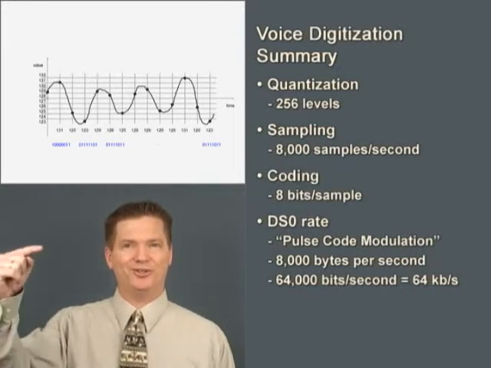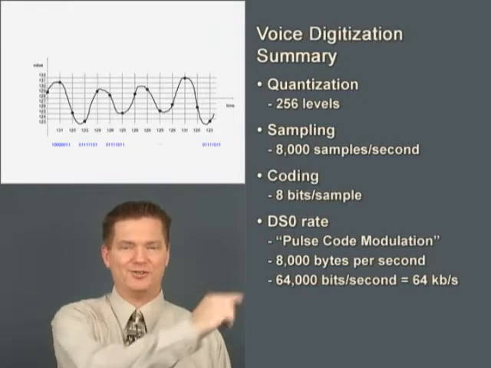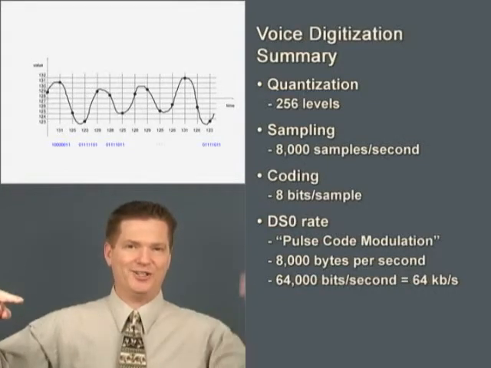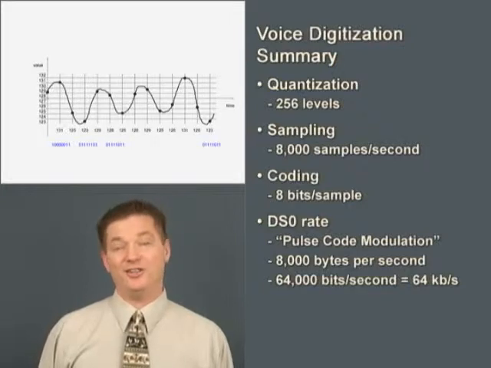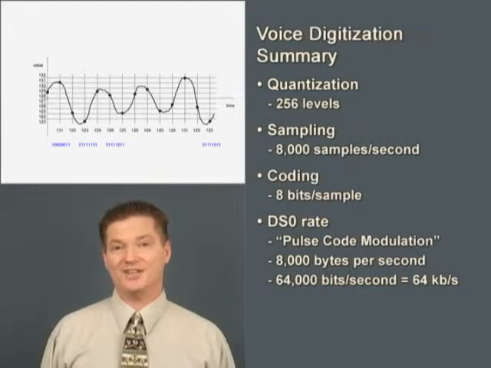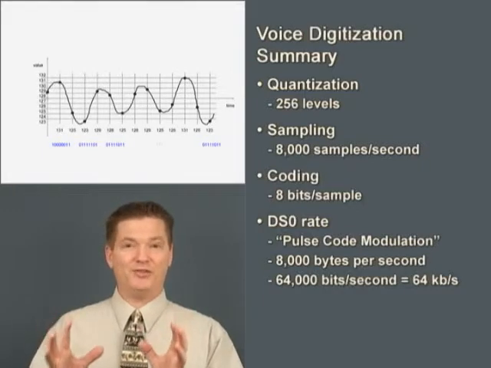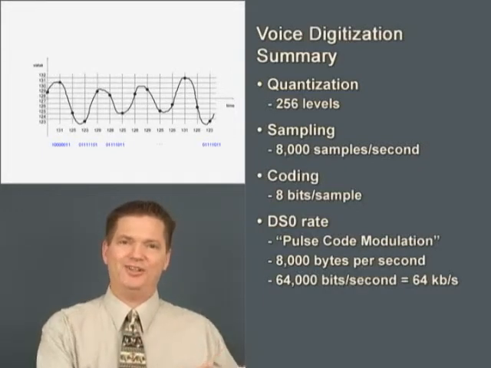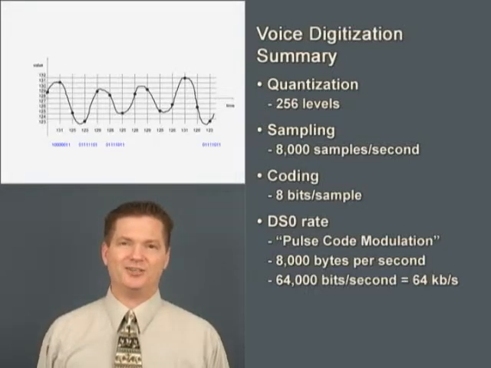For each input, they move a byte to the corresponding output 8,000 times per second. It just is a question of how many inputs and outputs they have. On a T1 system, there are 24 inputs and 24 outputs. So what it does is it moves a block of 24 bytes, one from each of the inputs, from A to B 8,000 times a second.